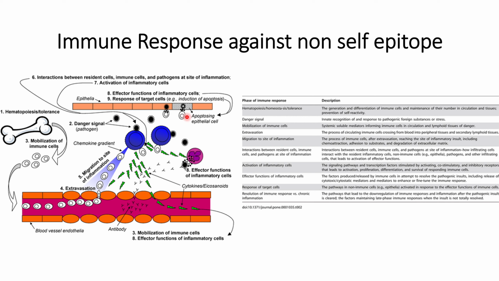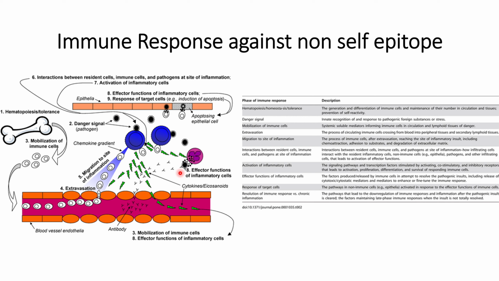Here we can say that the more generic response is triggering the epithelial cells that contain the pathogen signals, and here we can think of it as a specific response in terms of the antibodies that can easily distinguish this non-self epitope, or antibodies that are generated against this non-self epitope.